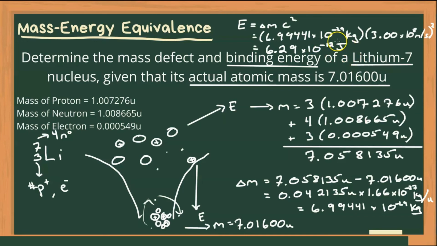Now, if you like, you can convert this into mega electron volts, where 1 mega electron volt is equal to 1.602 times 10 to the minus 13 joules. So we just divide by that number, and we'll get this to be equivalent to about 39.3 mega electron volts.